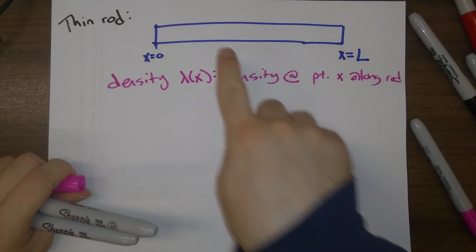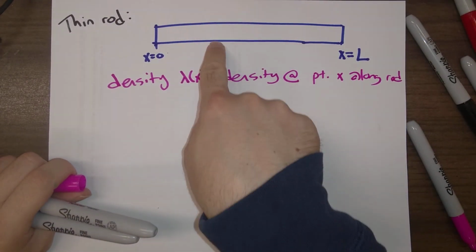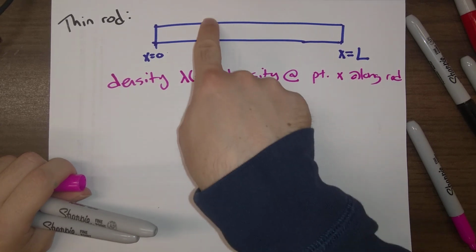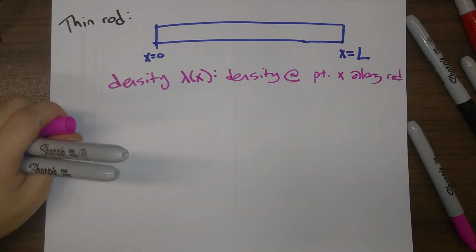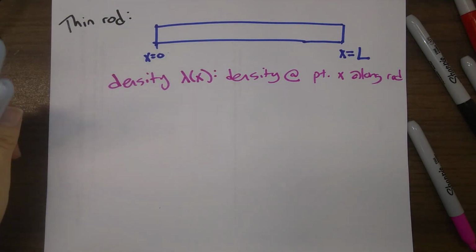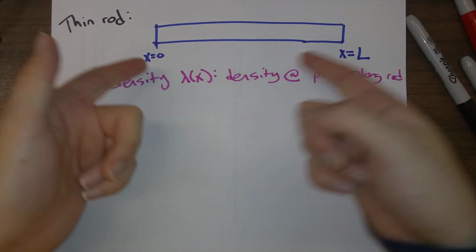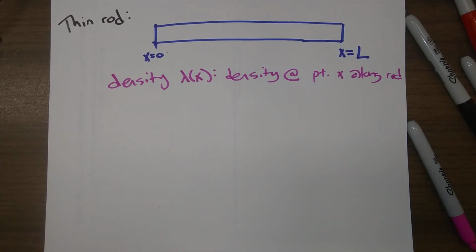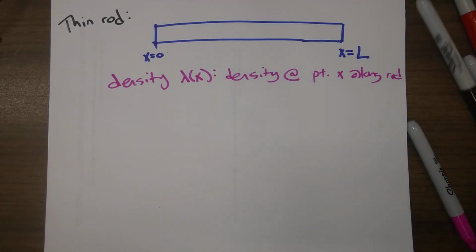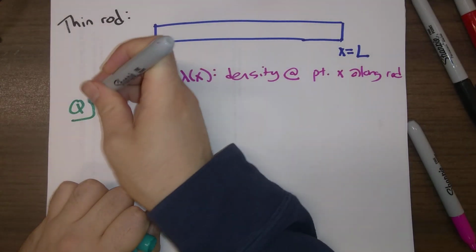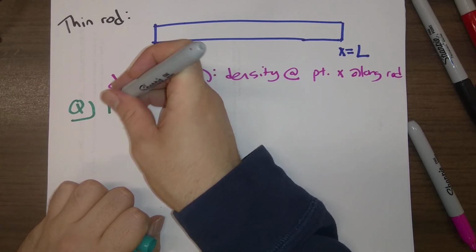For example, if this is x equal to 1 here, lambda of 1 will tell us how dense our rod is at that point. So we're given some length for a rod, we're given a density function, and the question is, what is the mass of the rod?